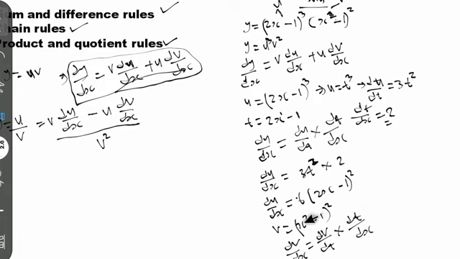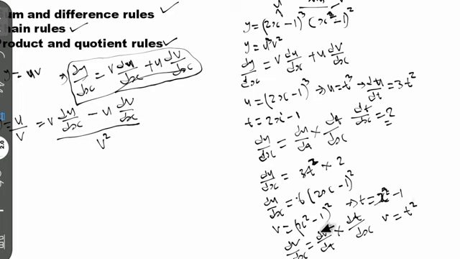Now let's call this one t. So t is equal to s raised to the power of 2 minus 1. That is the value of t. Now our v becomes t raised to the power of 2. So t is equal to s squared minus 1, and v is equal to t squared.